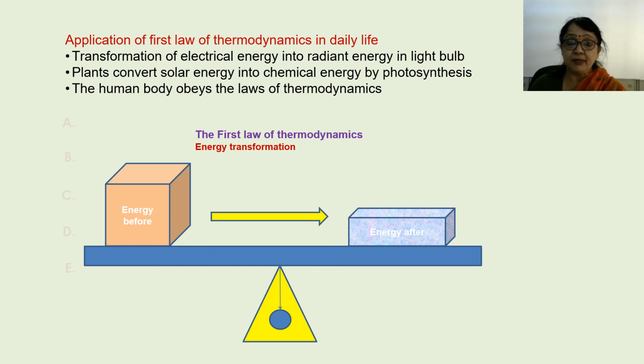The human body also obeys the laws of thermodynamics. Here the picture is the basic diagram showing the first law of thermodynamics, which states that energy can be transformed from one form to another, but energy can neither be created nor destroyed.